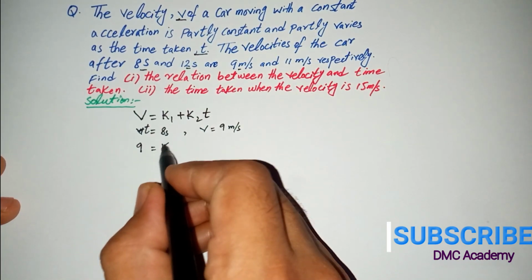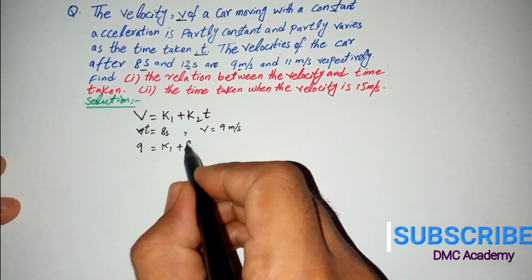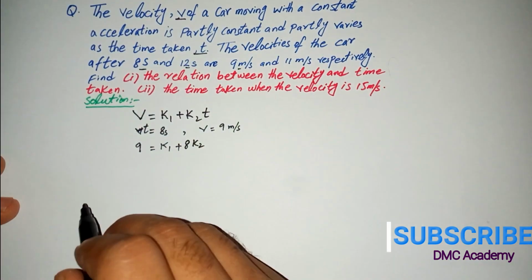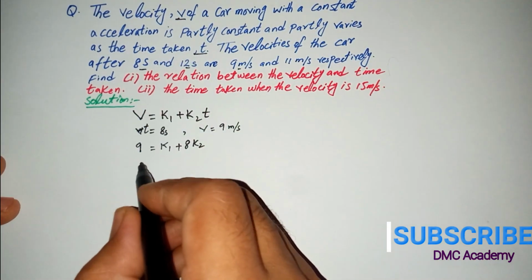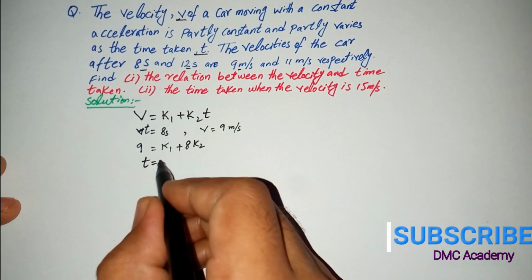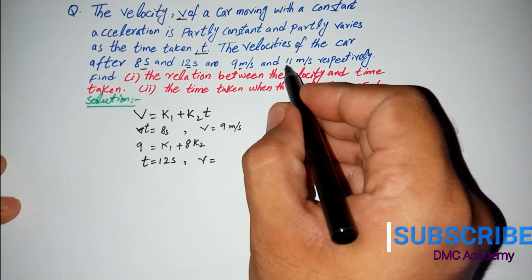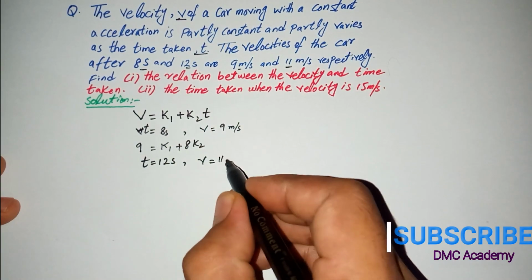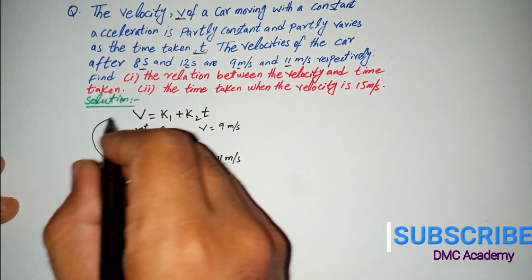Let us put these values here to have one equation. 9 equals k1 plus 8 k2. Now the second one: t is 12 seconds and the velocity is 11 meter per second. Let us put these values here as well.